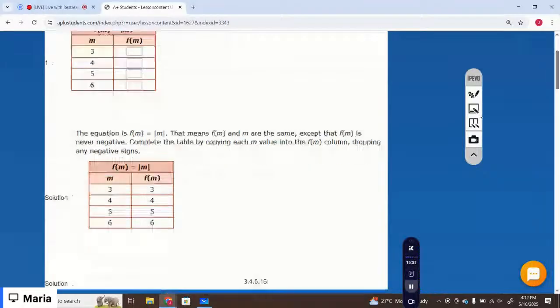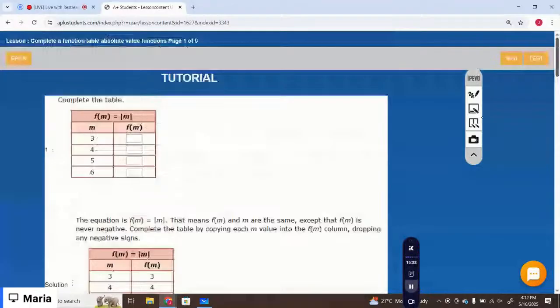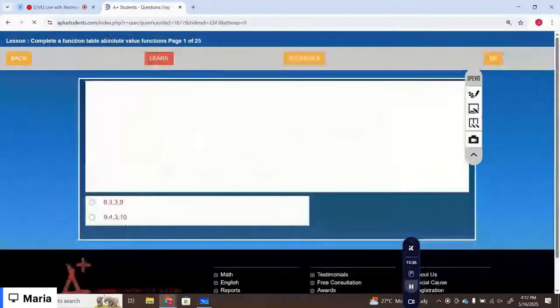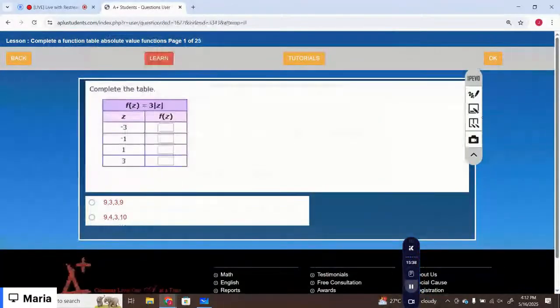Let's just start with the test questions. Complete the table.